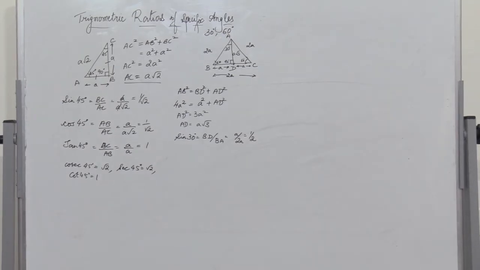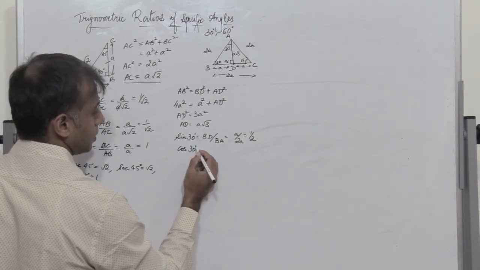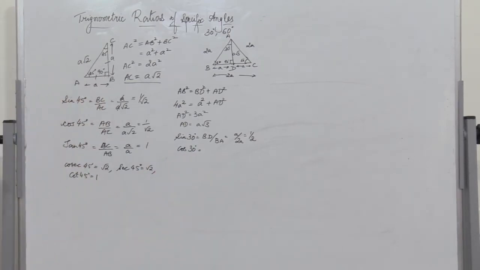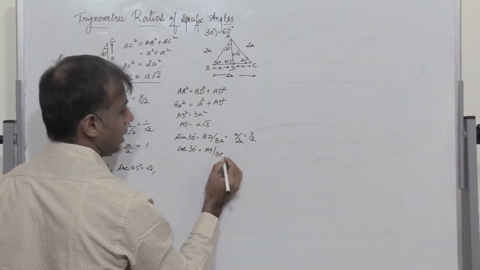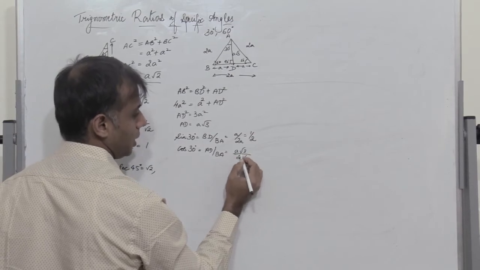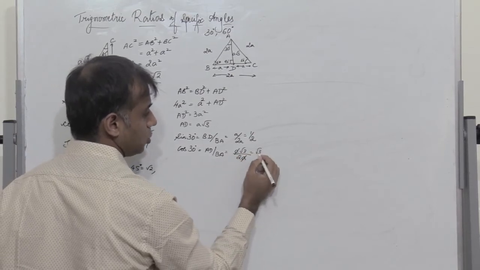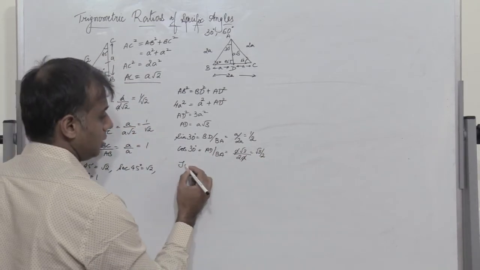So a very important relation: sine 30 is 1 by 2. Next, cos 30 is the adjacent side AD by BA, which is A root 3 divided by 2A. So A gets cancelled, and I get root 3 by 2. Again, a very important result.